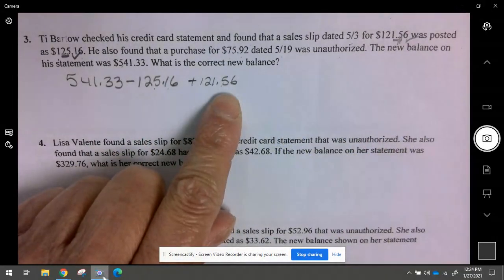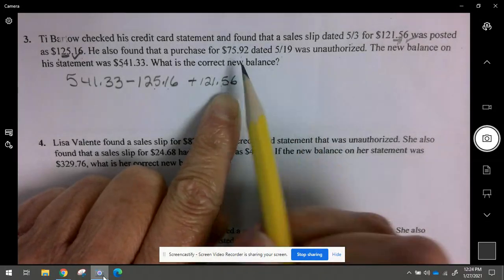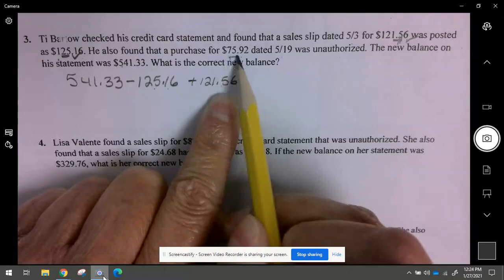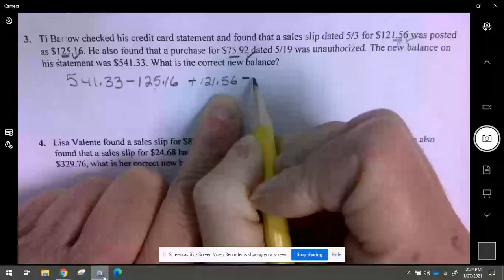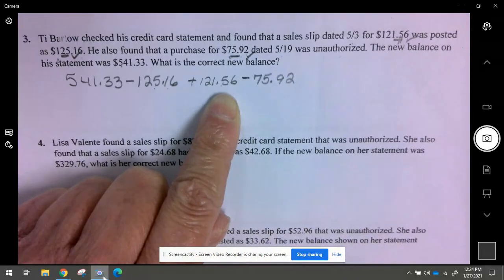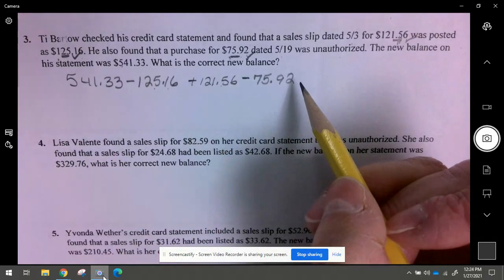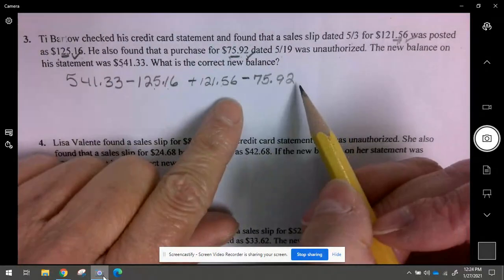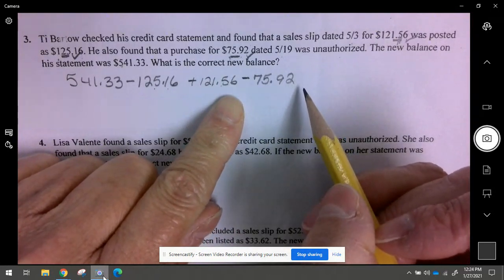They inverted the amount. Okay, and then we're going to look for this unauthorized amount. We're going to subtract that because it's unauthorized. That means the card owner did not approve this. They never signed a sales slip for this. Sometimes that happens. People type in numbers wrong if they're taking a credit card over the phone. But nowadays we have that 3-digit verification code that a lot of places use.